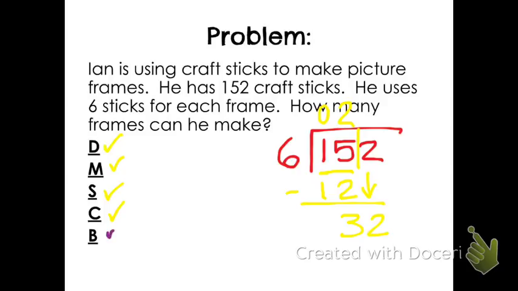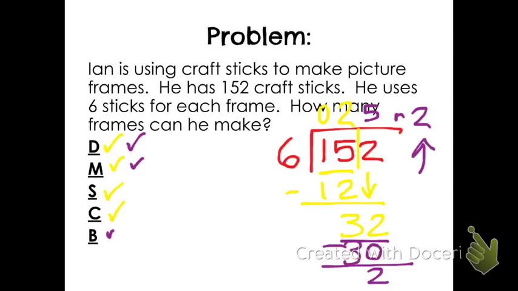So this time, I'm going to divide whatever number is right here. So I have 32 divided by the 6. 6 goes into 32 5 times. Now I'm going to multiply 6 times 5, which is 30, and subtract to have a remainder of 2. So for this problem, he can make 25 total picture frames, but he would have 2 craft sticks left over.